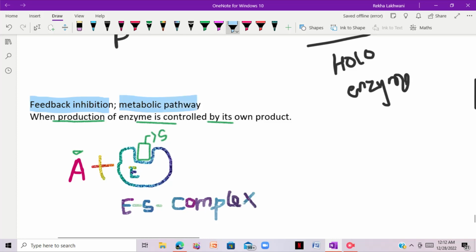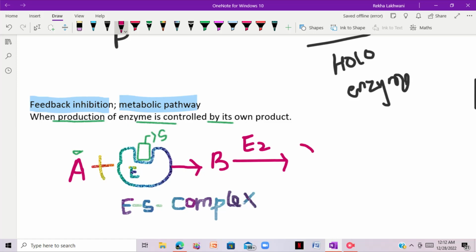There will be another enzyme, enzyme E2, to react, and it will convert the product into C. Now, again on C another enzyme will react, for example enzyme E3, which will convert C into D, right? So here D is our final product.